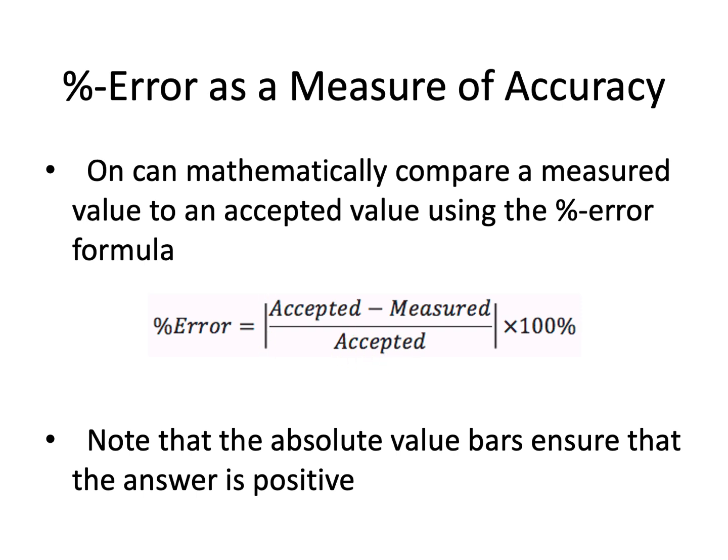And the absolute value bars here just mean that you want to make sure that whatever you do is positive. If this number were bigger and you subtracted, you get a negative number, but we don't care about that. So we always take the absolute value, so it doesn't matter which number is bigger. We just subtract them, divide by the accepted, make it positive, and that'll give you a fraction, which you then multiply by 100%.